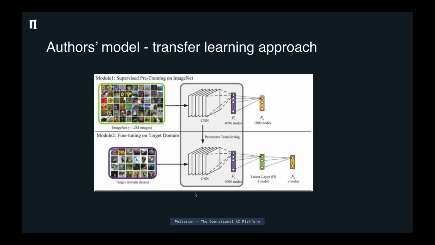So in this case, they used a pre-trained model that had been trained on recognizing images from ImageNet, which is a very big collection of millions of images from the web, each of which has been annotated with one of 1,000 classes, like dogs and cats and cars and buildings and things like that.